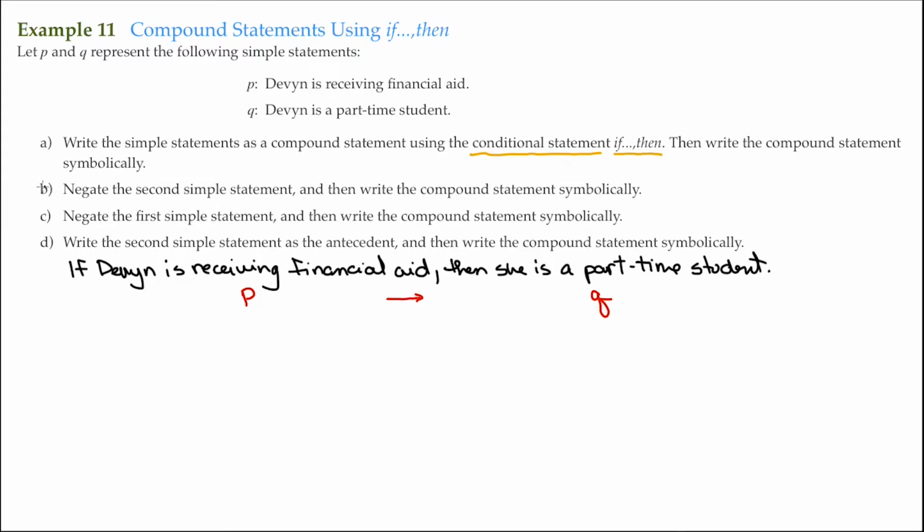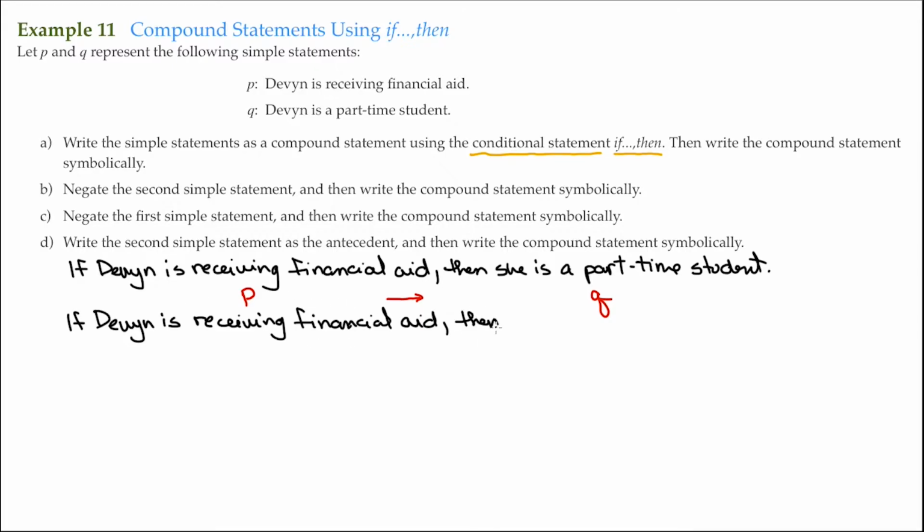So for letter B, it says to negate the second simple statement and then write the compound statement symbolically. So we'll do that. If Devin is receiving financial aid, that's our first simple statement, our first clause, our antecedent.